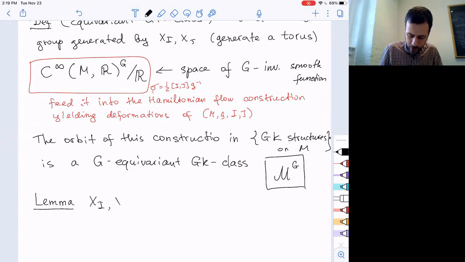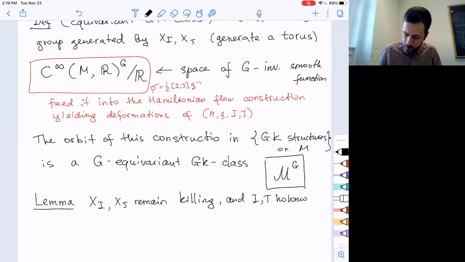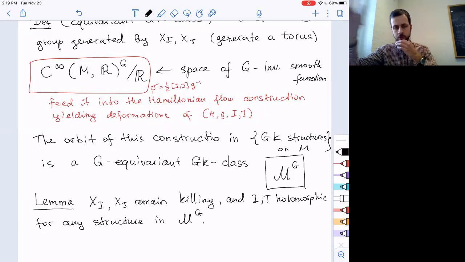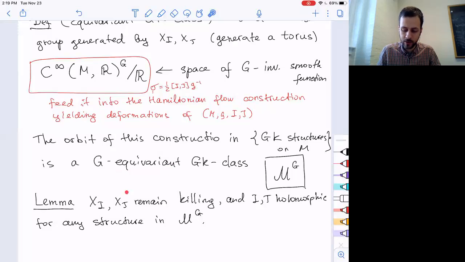Xi and xj remain Killing and I, J holomorphic for any structure in script M G. So whenever you change your generalized scalar structure within the equivariant generalized scalar class, this property of xi and xj being Killing and I, J holomorphic doesn't change.